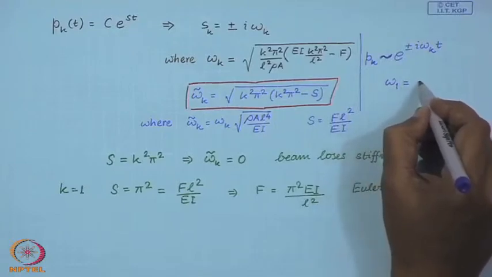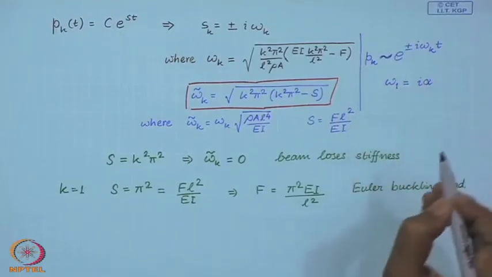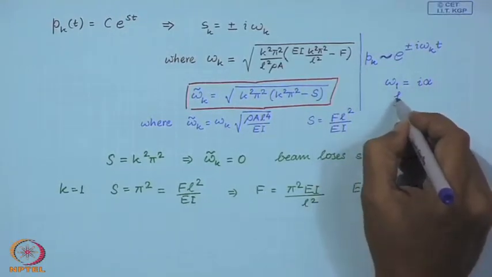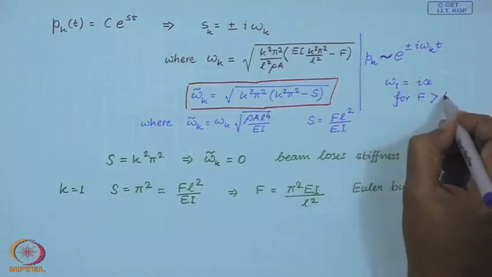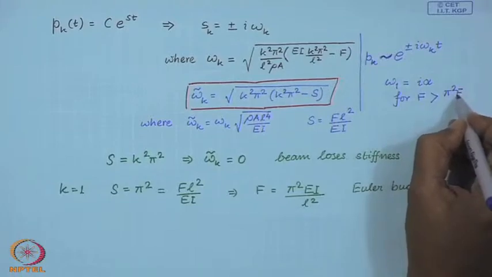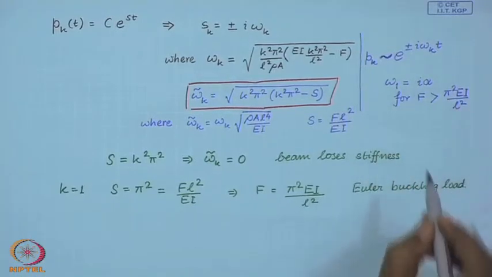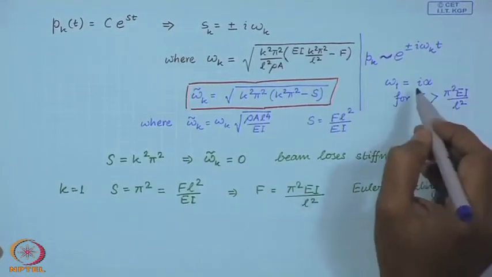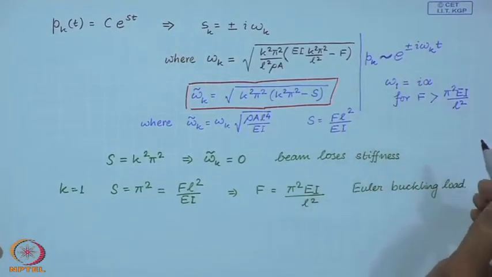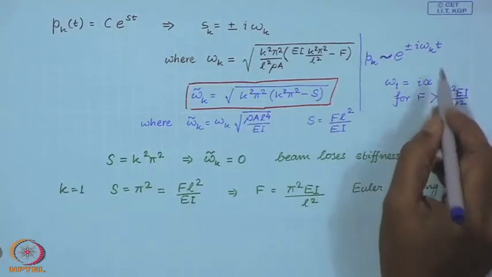So, let us say it becomes I alpha for f greater than this buckling load. For f greater than this buckling load, omega 1 becomes imaginary.